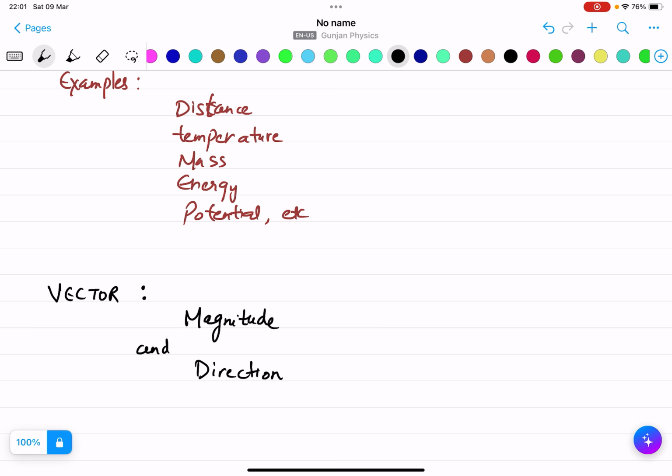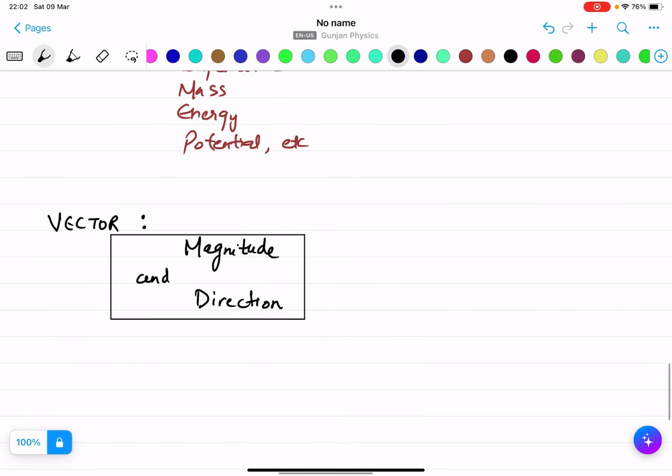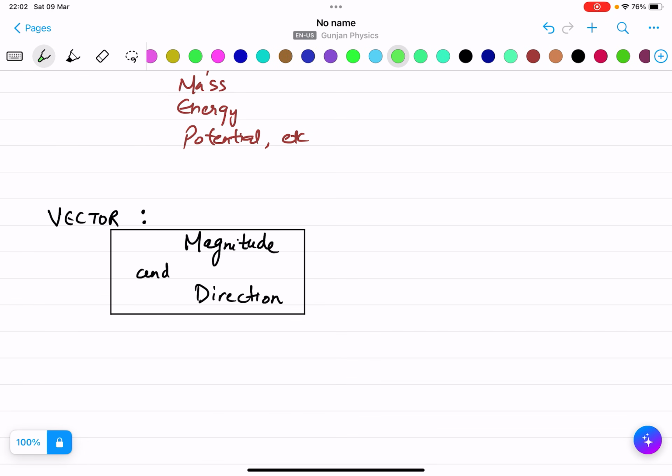This is known as a vector quantity, which has the magnitude and a direction. It is denoted by, suppose, A with a vector sign on top.